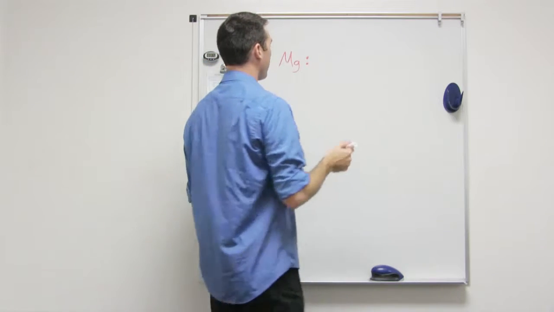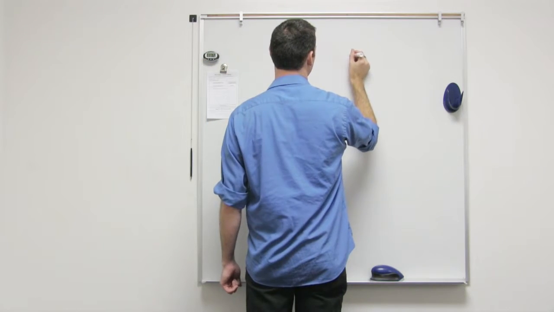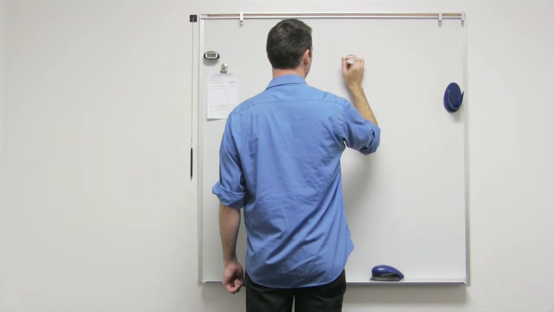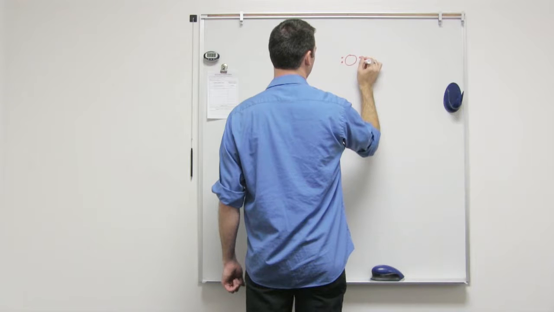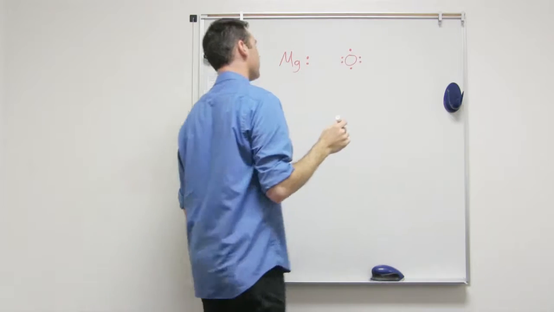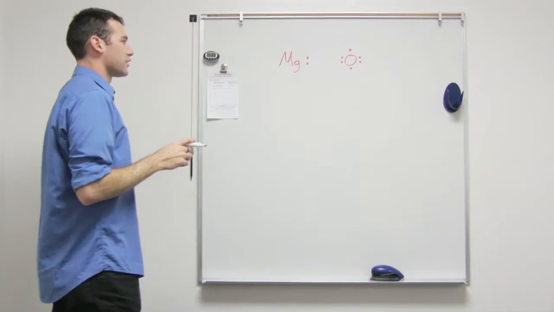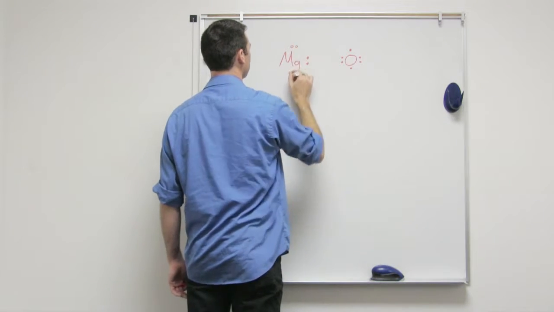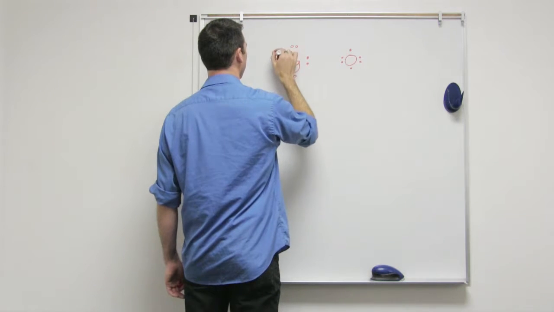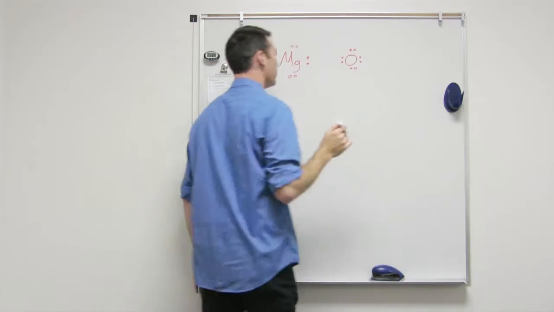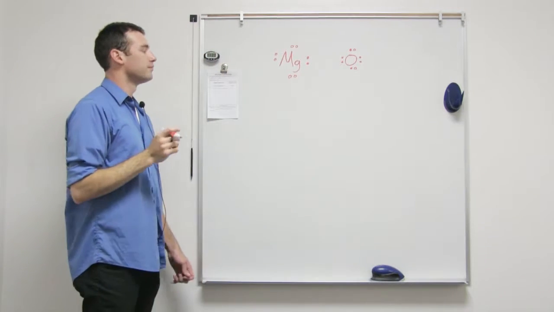And then we have oxygen right here. Oxygen we know has 1, 2, 3, 4, 5, 6 electrons. Now this one has 6 empty spots, whereas this one has 2 empty spots.